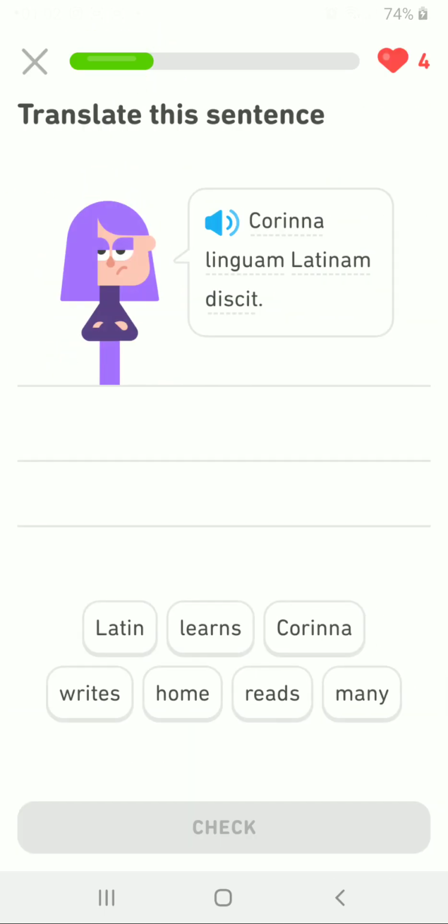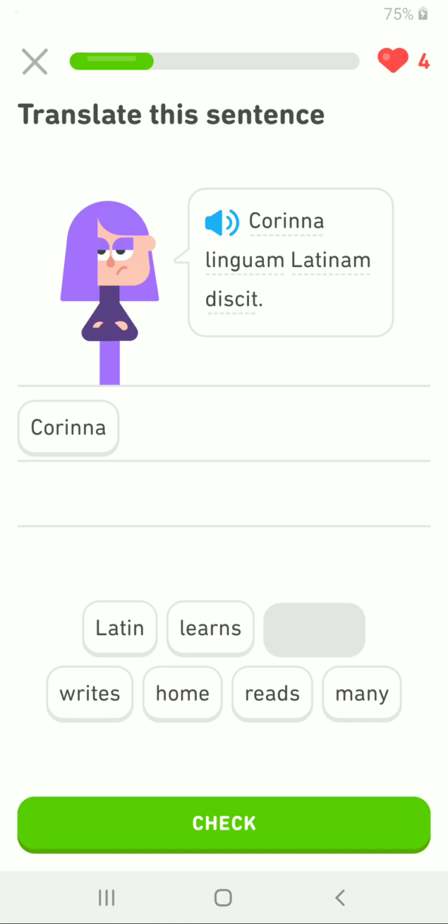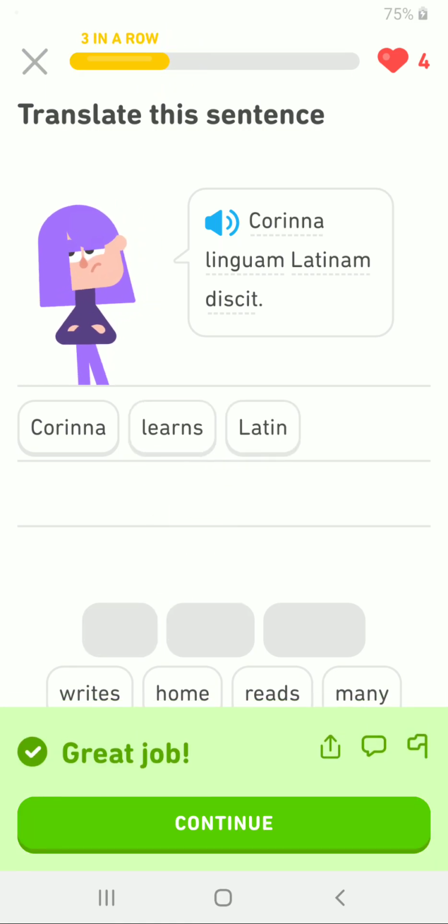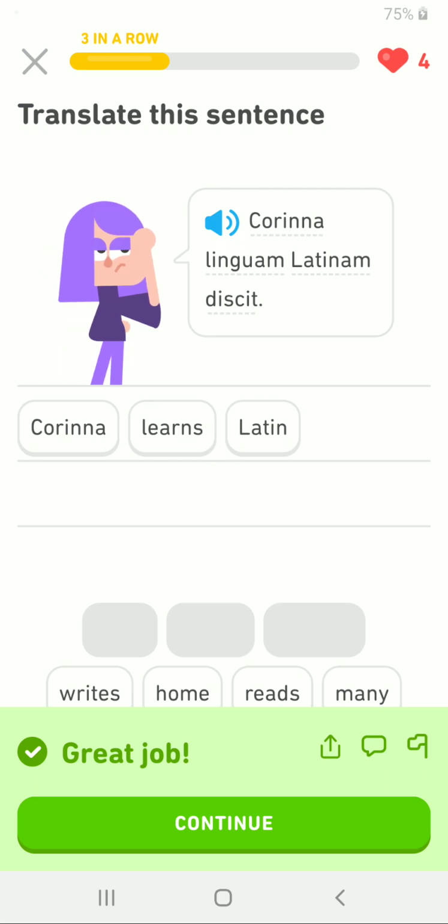Yeah, that's good. And Corina linguam latinam discit, like we saw, is to learn. So she learns. Corina learns Latin. Corina linguam latinam what?